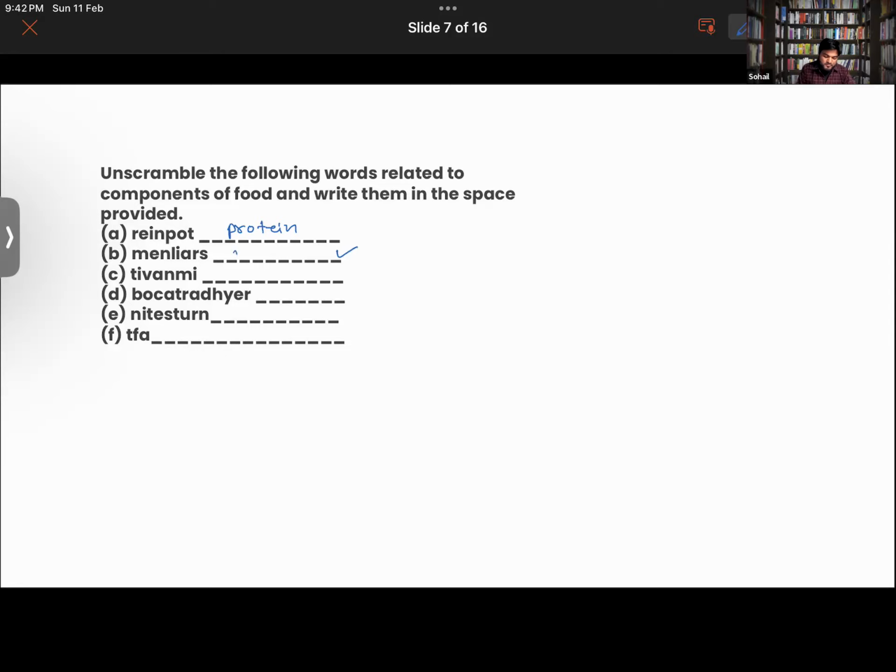After this, which one? Vitamins. Very good. So then you have got vitamin. Carbohydrates. Very good. That is also true.